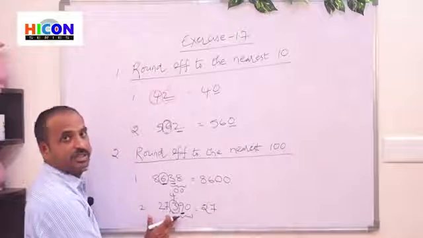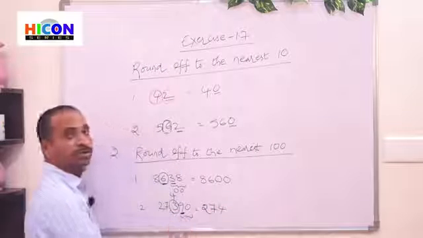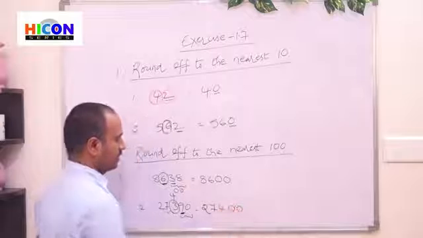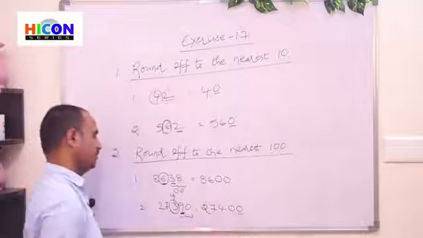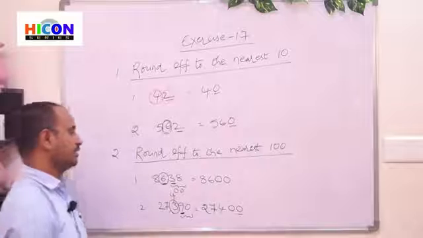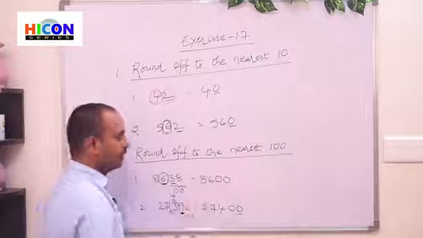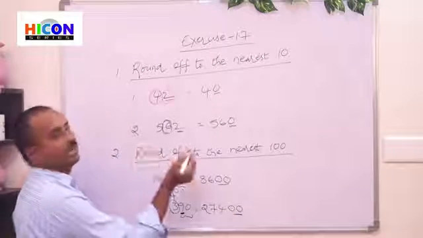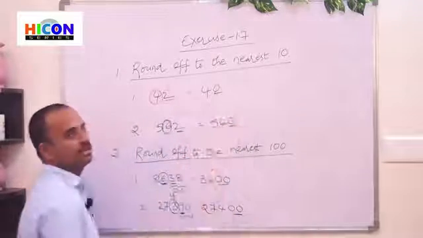And write the next hundreds, so that is 400s. And put 2 zeros after it. So there are 2 digits after hundreds place. So write 2 zeros in the last. So if any number is rounded to 100, you will get 2 zeros at its last. If any number is rounded to tens, you will get 0 at its last.